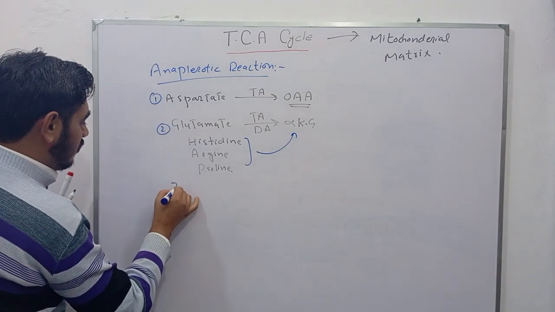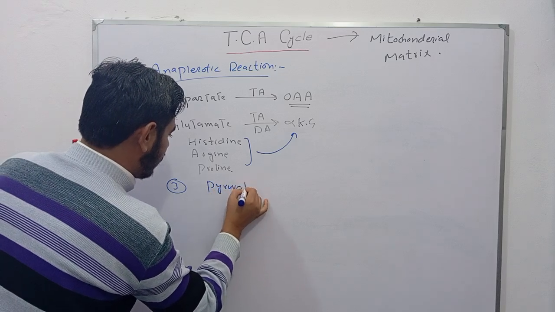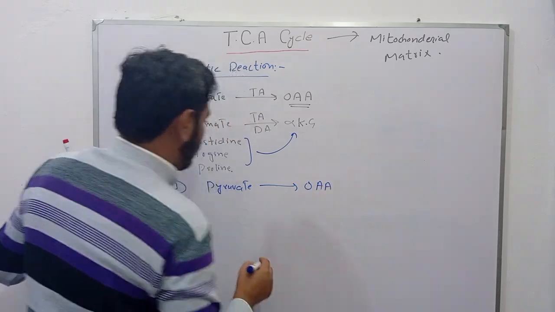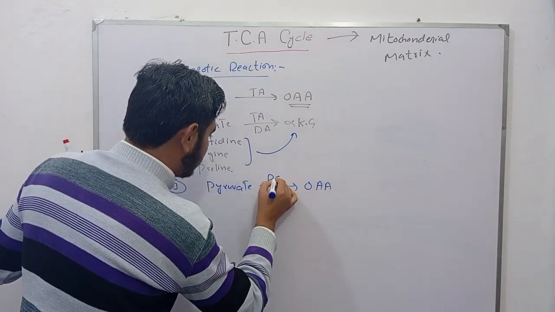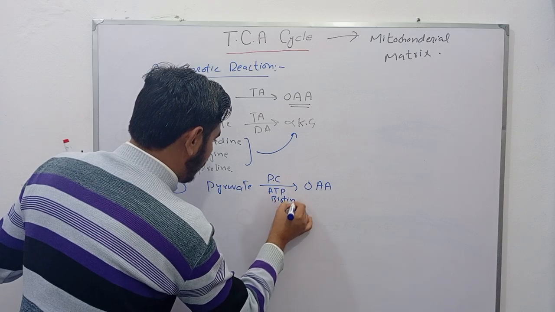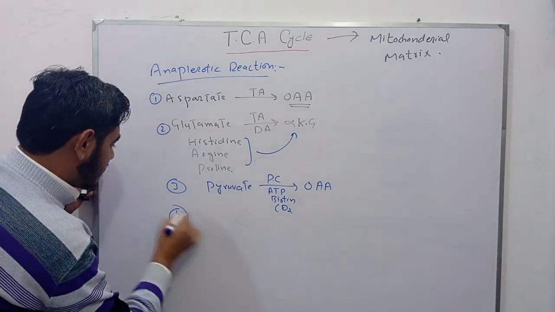Second one, now coming toward the pyruvate, it also forms oxaloacetic acid with the help of pyruvate carboxylase enzyme, which requires ATP, biotin and carbon dioxide. The fourth one is pyruvate.